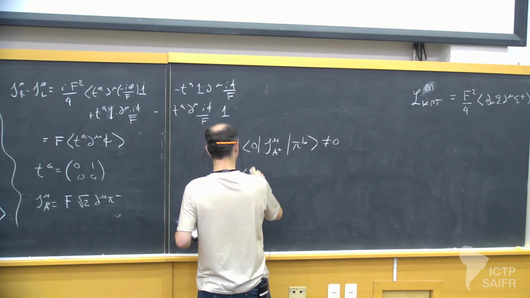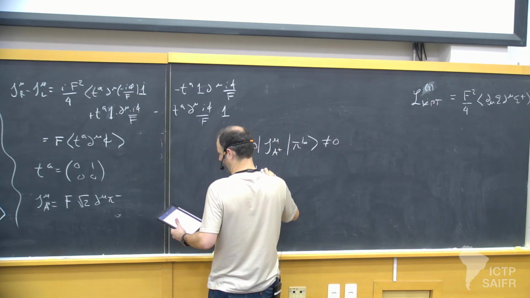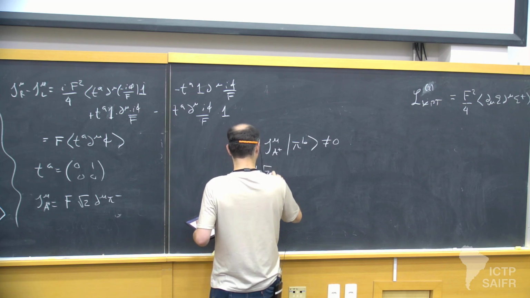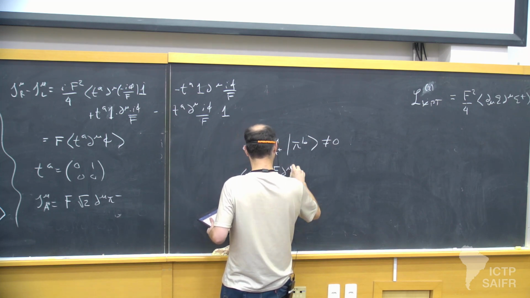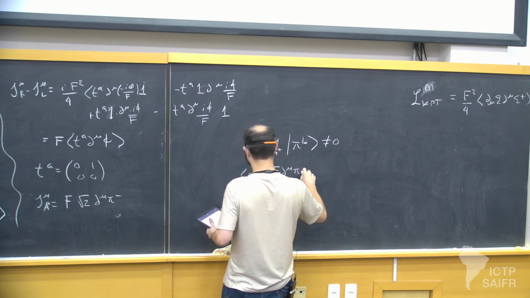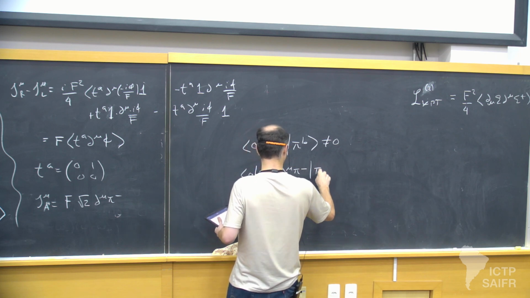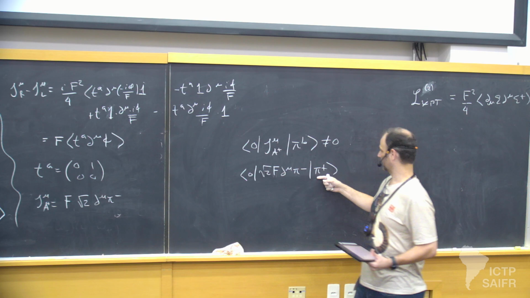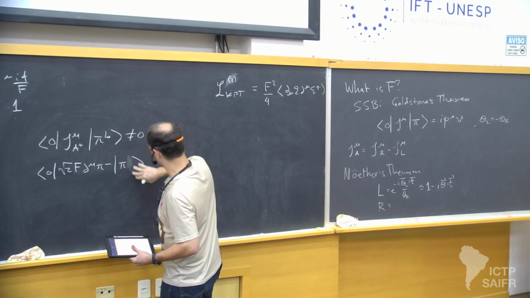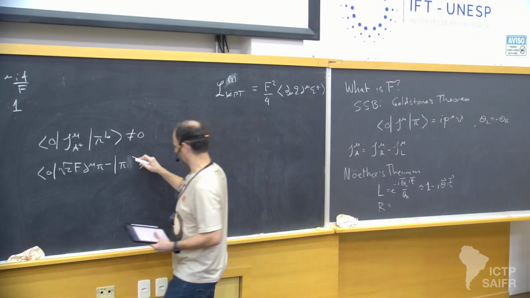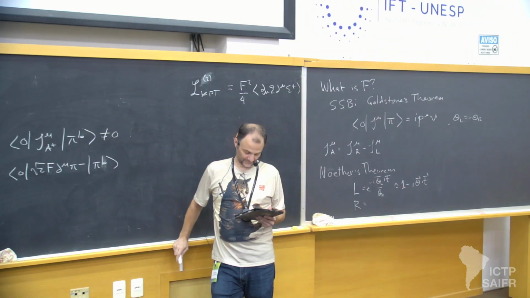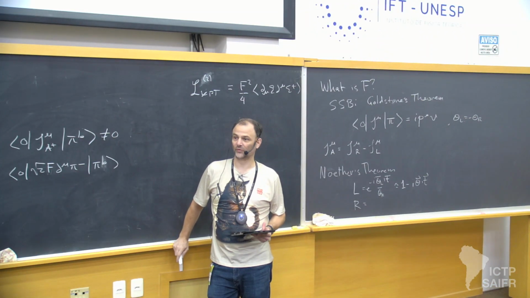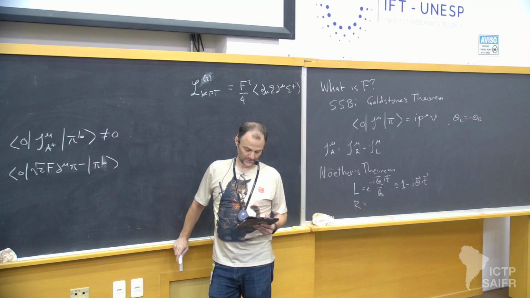So then I have root 2 f d mu pi minus. So can you tell me what pion field this has to be? What pion is this? What's the only non-vanishing contribution?